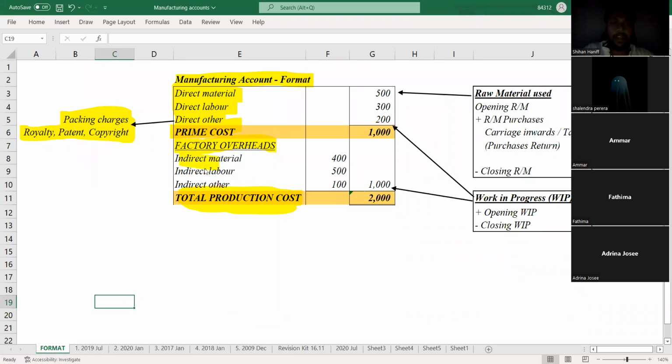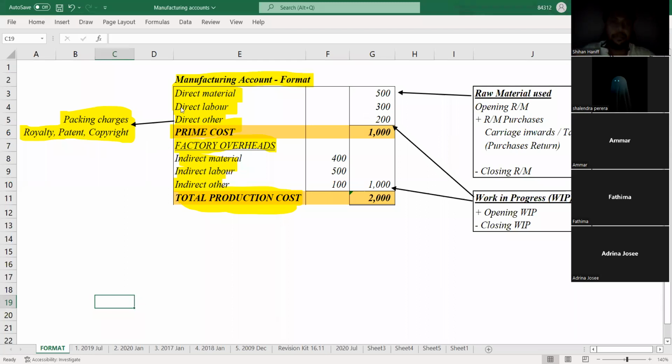So indirect material, indirect labor, indirect other. From the questions that I'm going to explain, we can understand this. So this is the basic format. In the manufacturing account, you take the three direct costs and the overhead cost, then you get the total production cost. From this basic format, we expand and prepare the complete format for the manufacturing account.